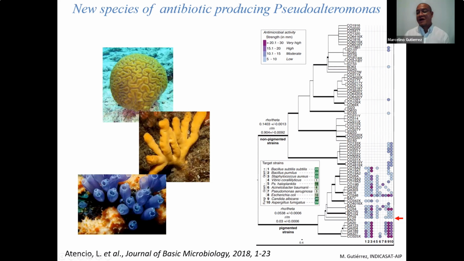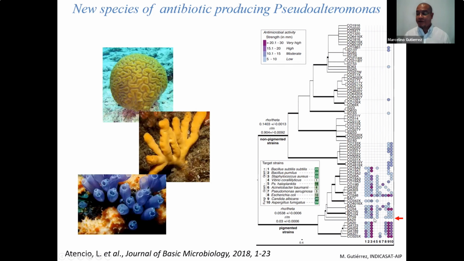As you can see in this phylogeny, this part here are non-pigmented species, and in this part of the dendrogram, we can see pigmented species, and this is the antimicrobial profile. Here we can see the different targets, and we can see that the pigmented species show a really great antimicrobial profile.